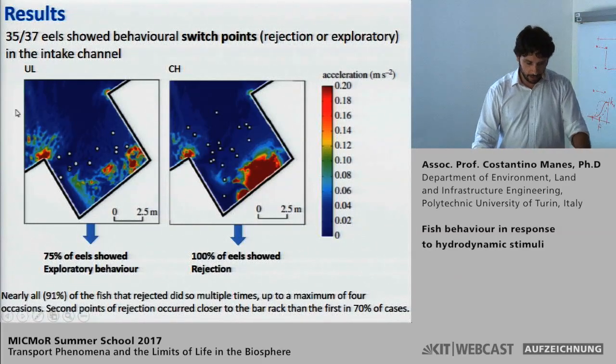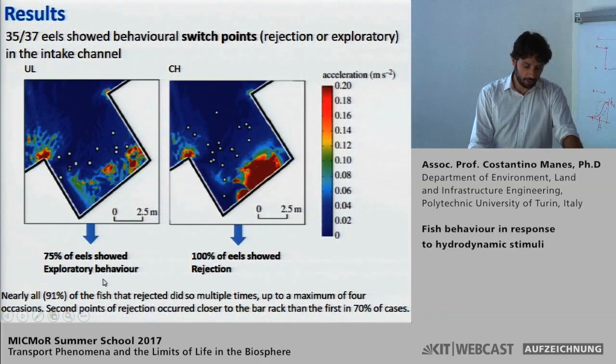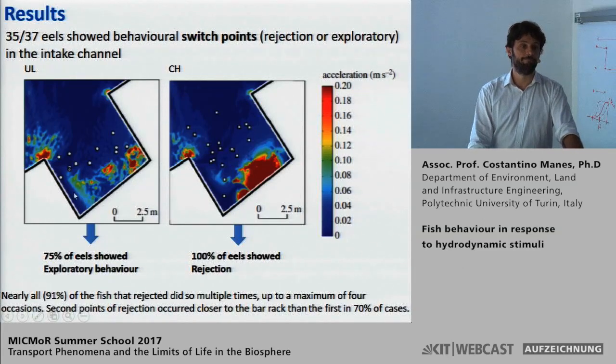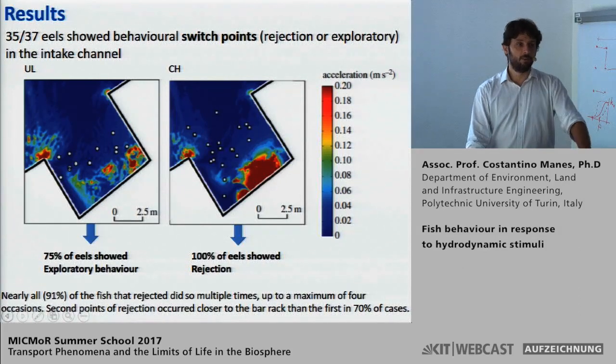Interestingly, in the fully open experiment, 75% of the eels showed exploratory behavior, okay, not rejection. Whereas in the constricted case, all the eels went nuts.